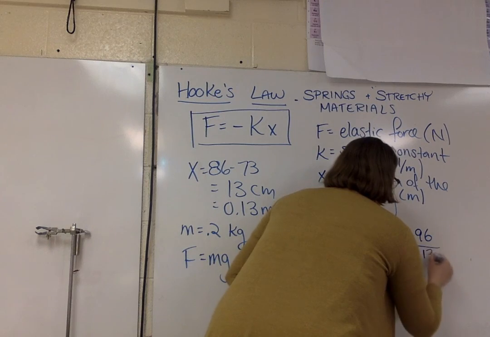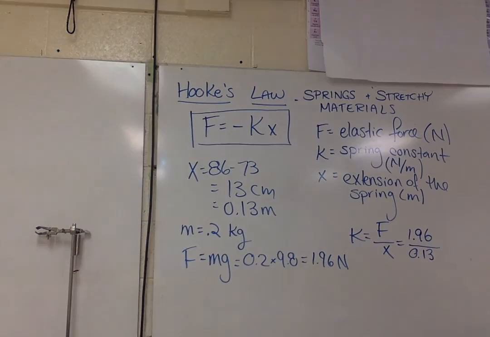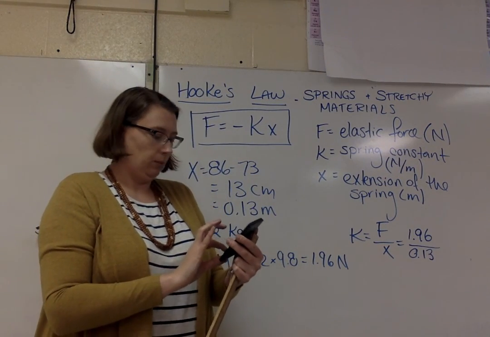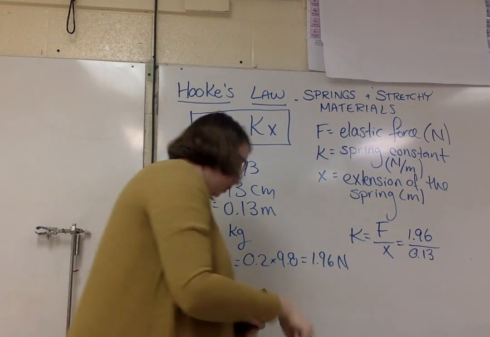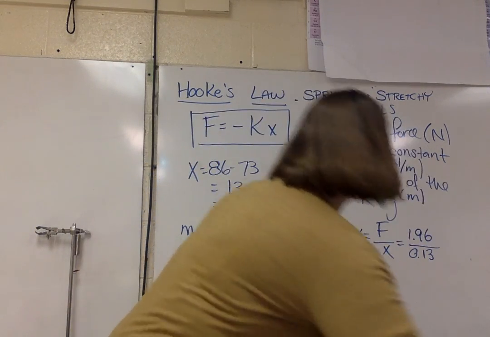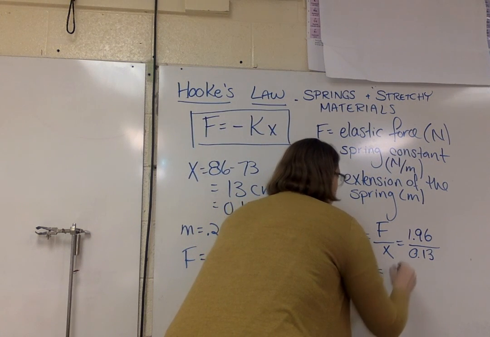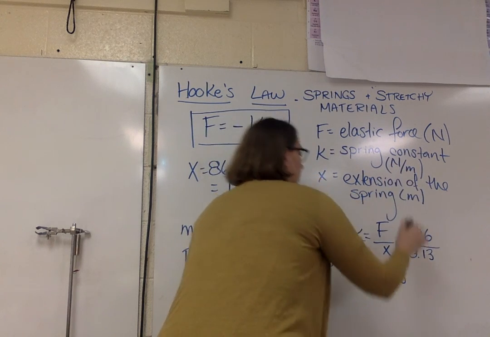I think it's going to be 15. I have a feeling Jonathan already knows probably. 1.96 divided by 0.13 equals 15. Good. So this spring has a spring constant of 15 newtons per meter.